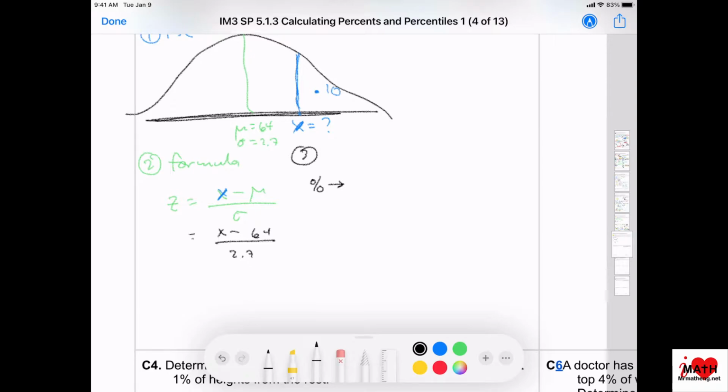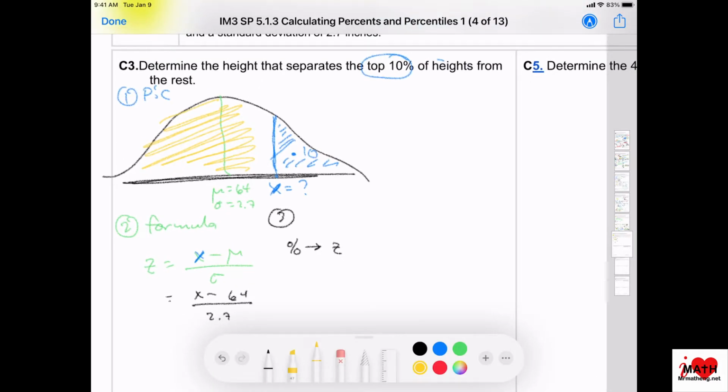Okay, pay attention now. If this blue region is 10%, how much is this yellow region? Right? We've done this before. Yellow plus the blue equals 1.